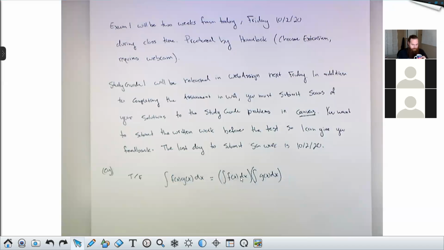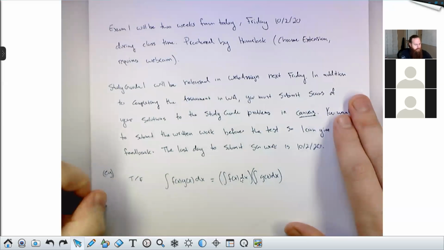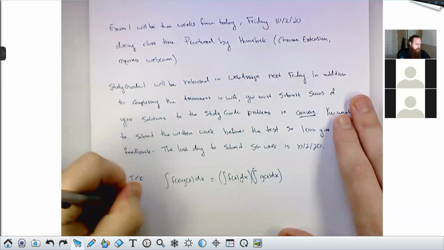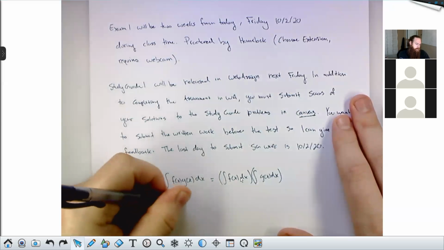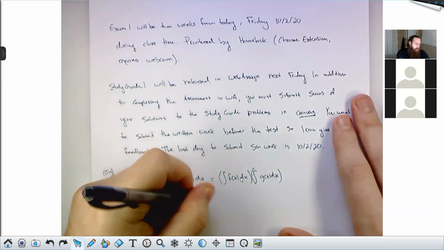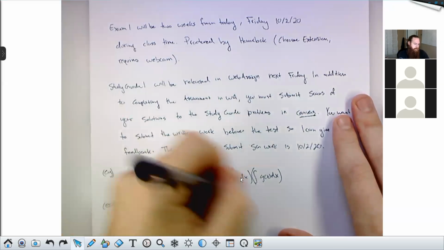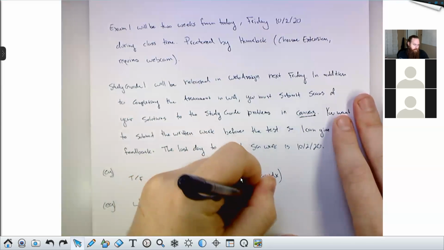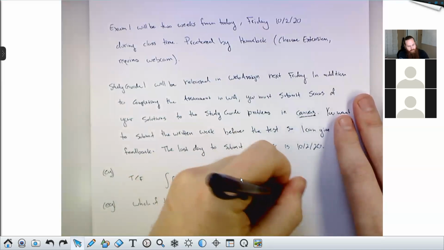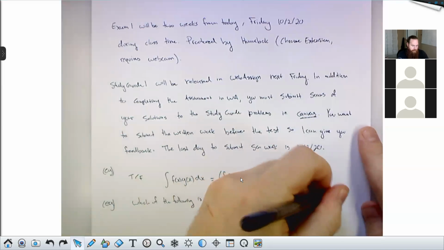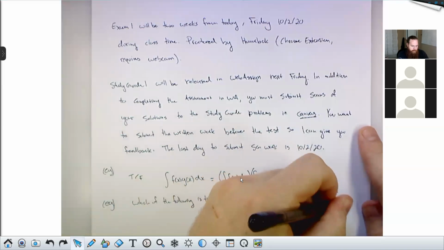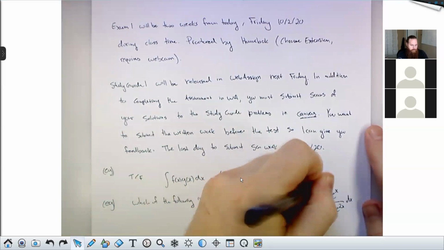Okay, and then multiple choice is basically solving problems, I assume. An example multiple choice: which of the following is the result of substituting z equals e to the x in something like e to the x over 1 plus e to the 2x dx, maybe from 0 to 1, right?